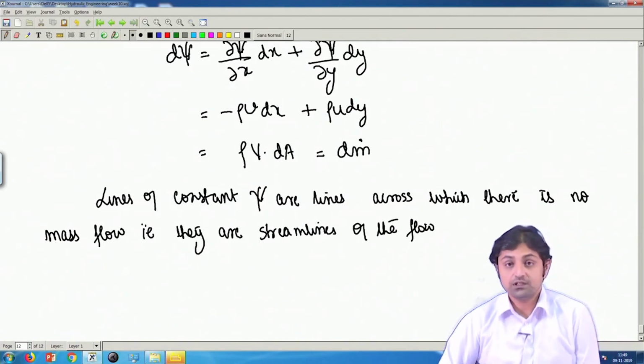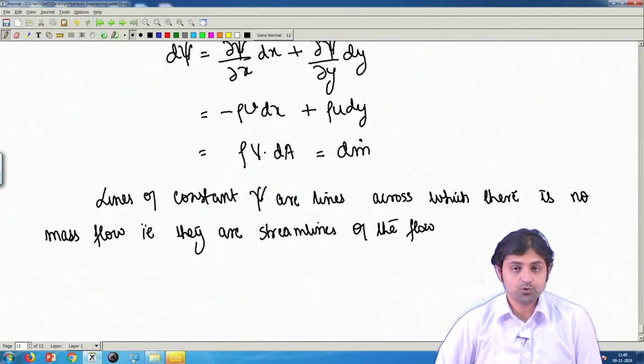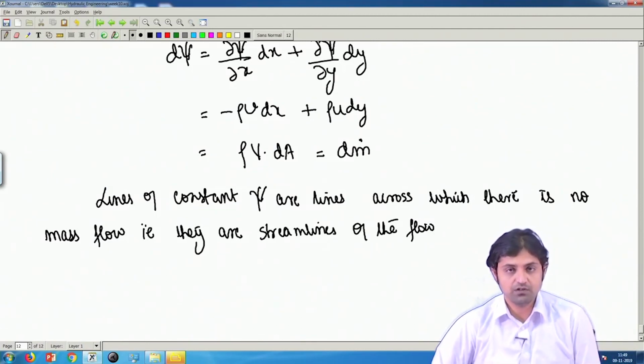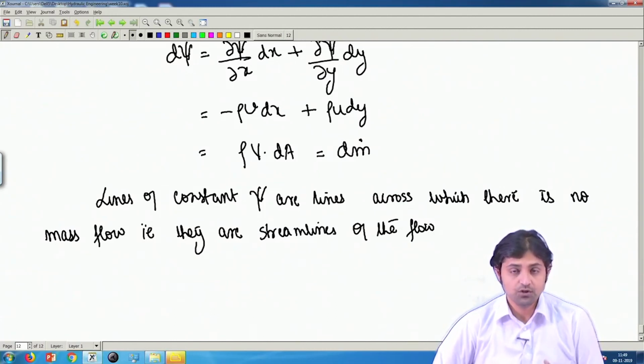So you are noticing in this particular module the way of approaching the streamlines and the continuity equation has been very different. We have started from scratch and tried to show what we have learnt in our fluid mechanics class.